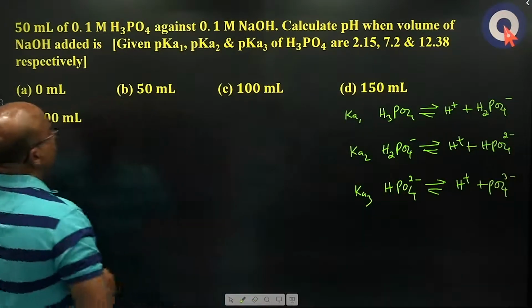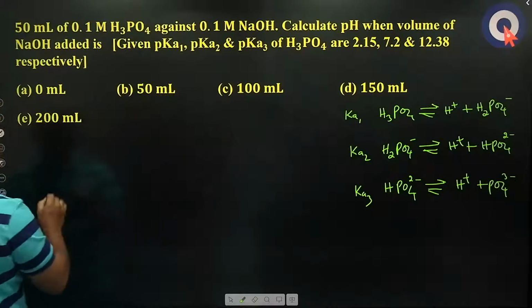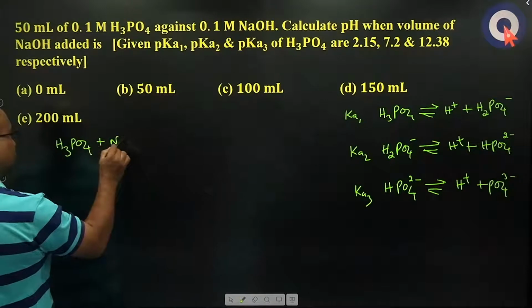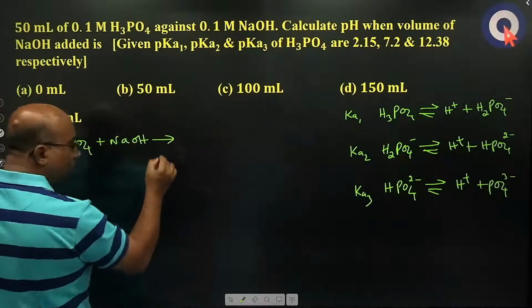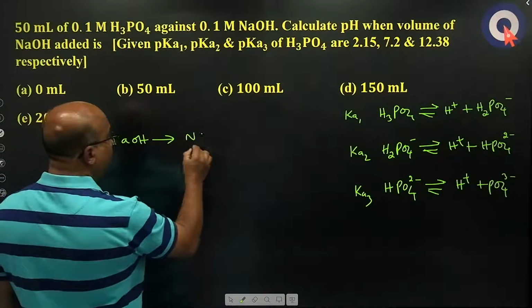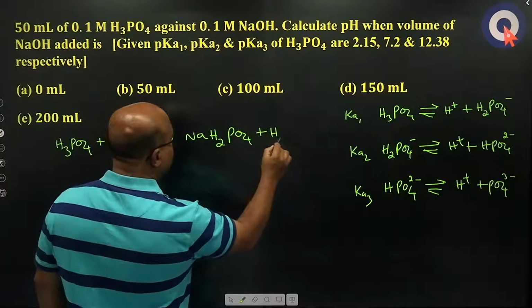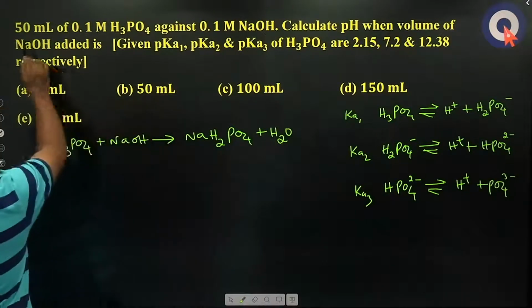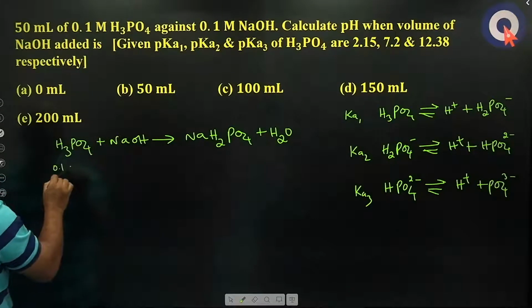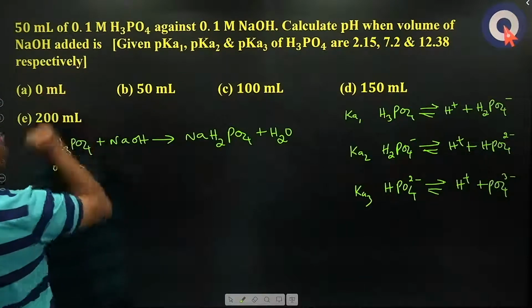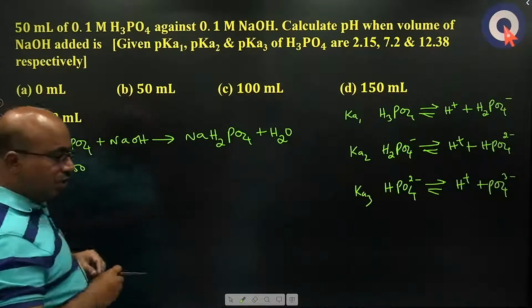So first, when we take the H3PO4 and add some NaOH, it converts into NaH2PO4 first. So how many milliequivalents of this are taken? 0.1 into 50. When nothing is added, we can do it directly, because it is only H3PO4. So what is the initial pH?